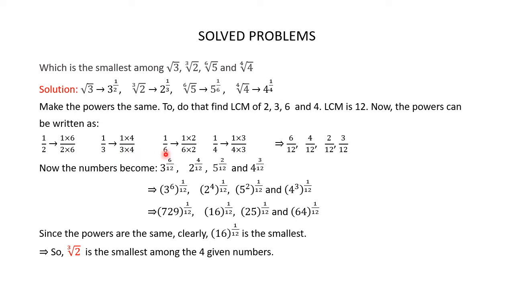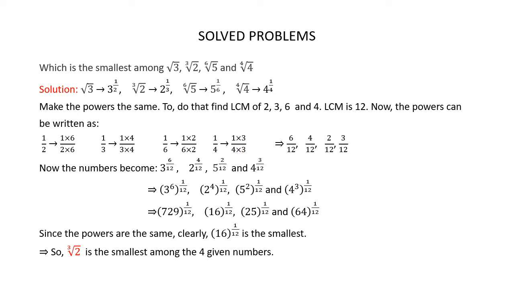Now for 1 by 6, you have to make 6 as 12. So multiply 6 with 2. Multiply the numerator also with 2. For 1 by 4, multiply 4 with 3 to make 4 as 12. Multiply the numerator also with 3.